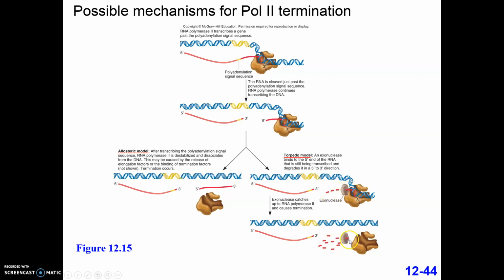It might come up and, similar to Rho, make contact and knock it off. There's evidence for both of these, and they aren't actually mutually exclusive. So eukaryotic cells may use a combination of both of these techniques, or it could be that we are just not looking at it in the right way.